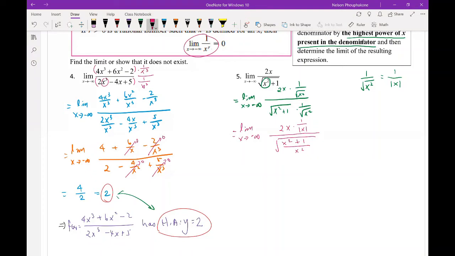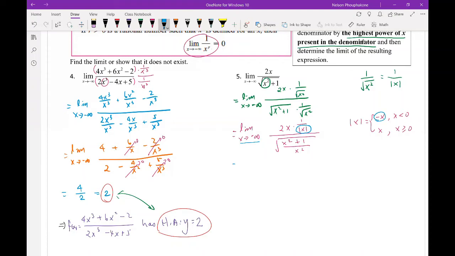Now, the absolute value of x is equal to negative x when x is less than 0, and positive x when x is greater than or equal to 0. So, in this case, x is approaching negative infinity, meaning this absolute value of x is equal to negative x.